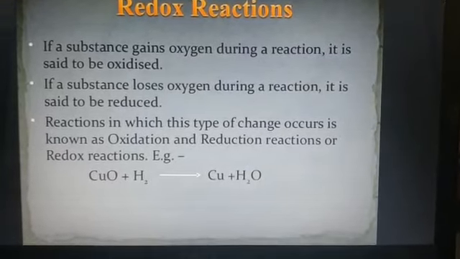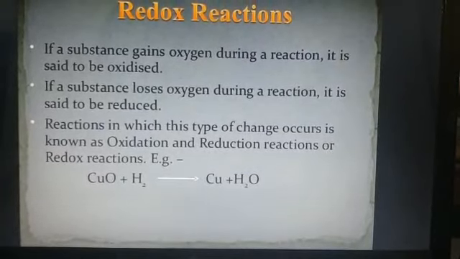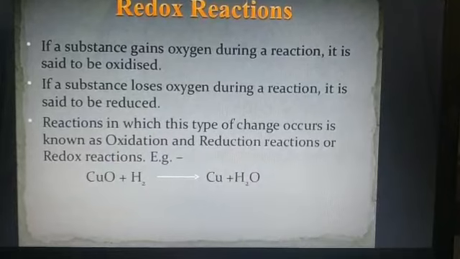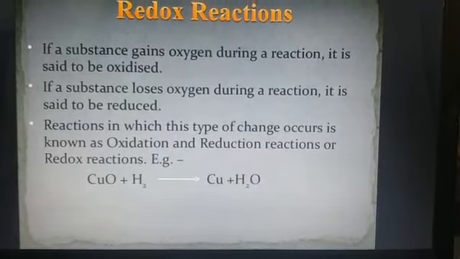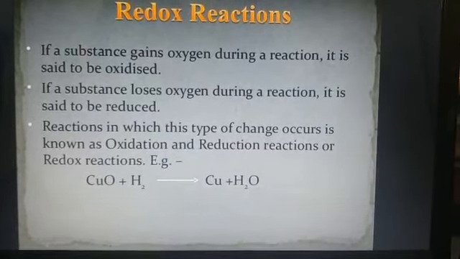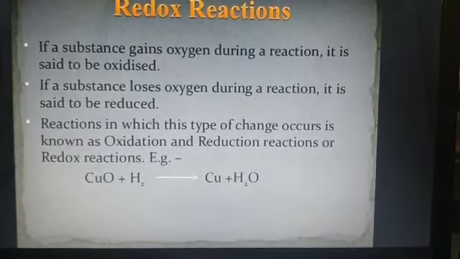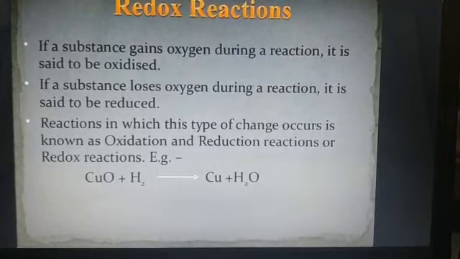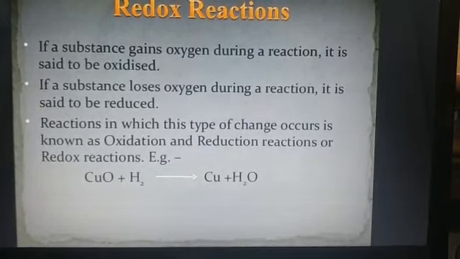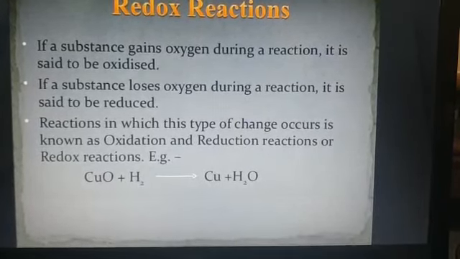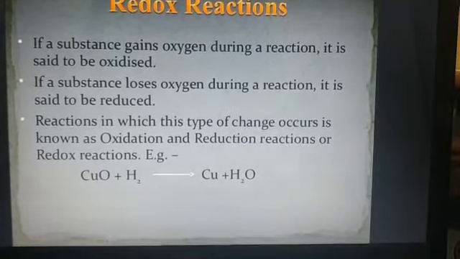If a substance gains oxygen during the reaction, it is said to be oxidized. Gain of oxygen is called oxidation. Loss of oxygen is called reduction. And if in a reaction, oxidation and reduction take place simultaneously, those reactions are called redox reactions.